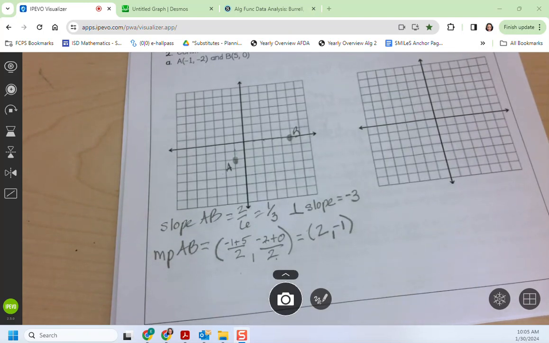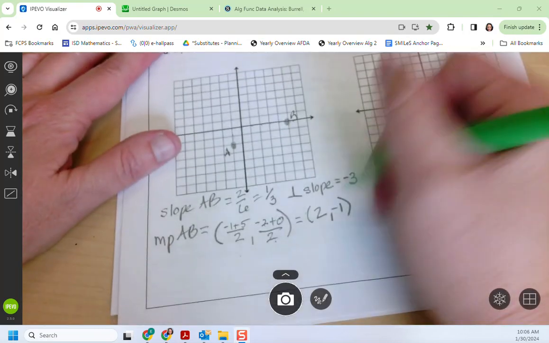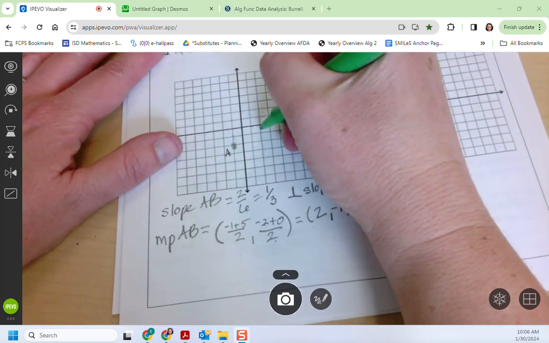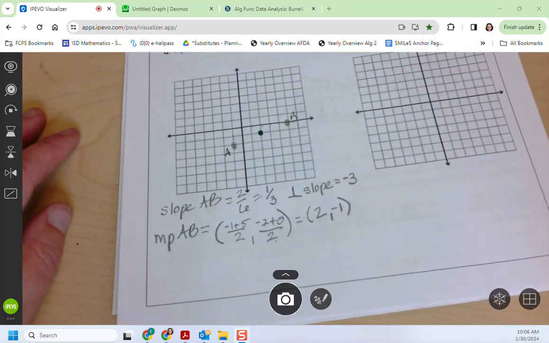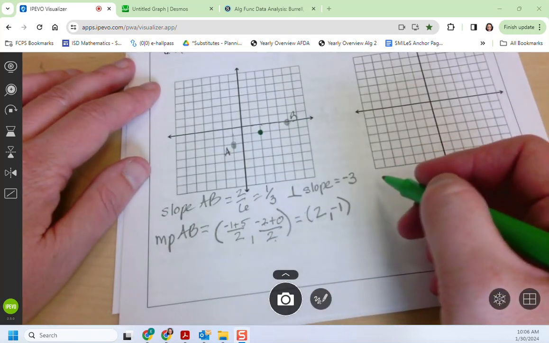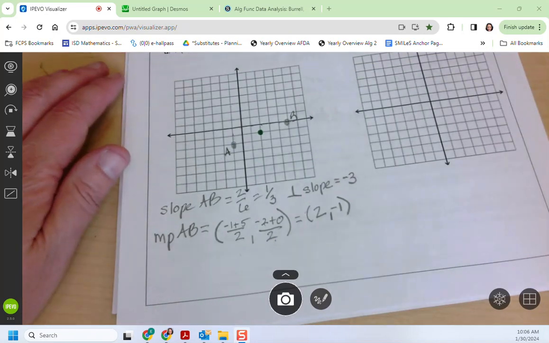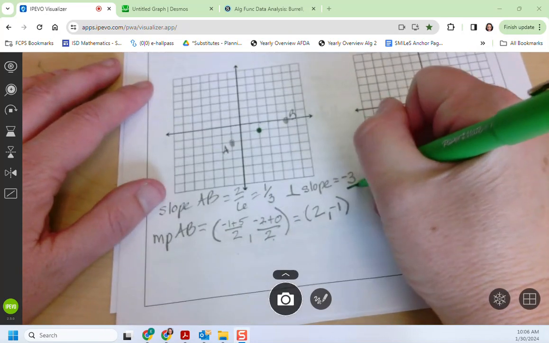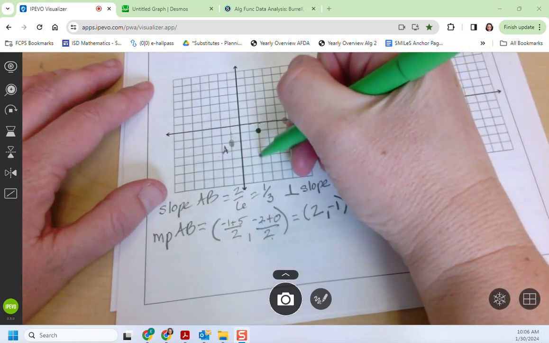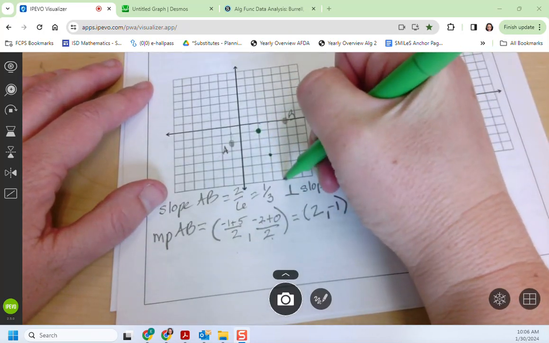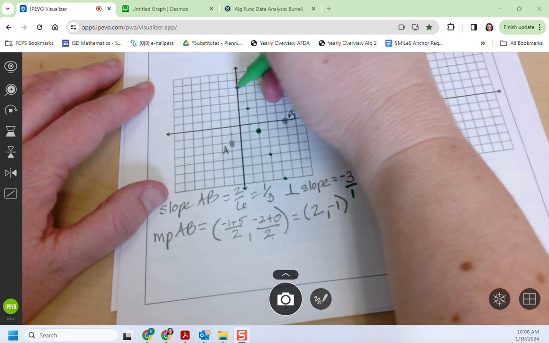I'm going to pause for a minute because I see some people processing. All right, so my midpoint is 2, negative 1. And when I graph it, it definitely looks like the midpoint. And then I need to do that perpendicular slope of negative 3. Now, it's not a fraction, so if I'm using rise over run, I should make it a fraction. It should be negative 3 over 1. So I'm going to go down 3 and over 1. And then I can go backwards too. I can go up 3 and back 1.